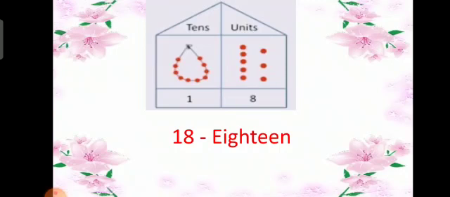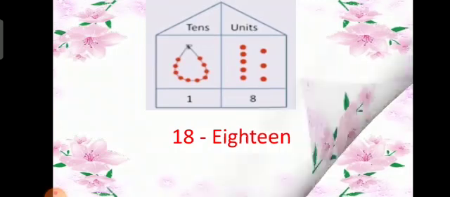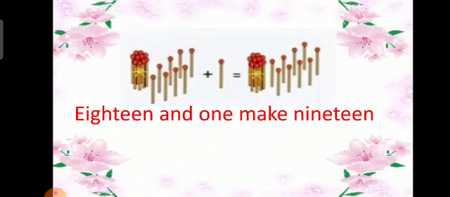In the houses of tens and units we are going to draw one string and 8 single beads. One string means 10 beads and 8 single beads together make 18. What is the spelling of 18? EIGHTEEN, 18.